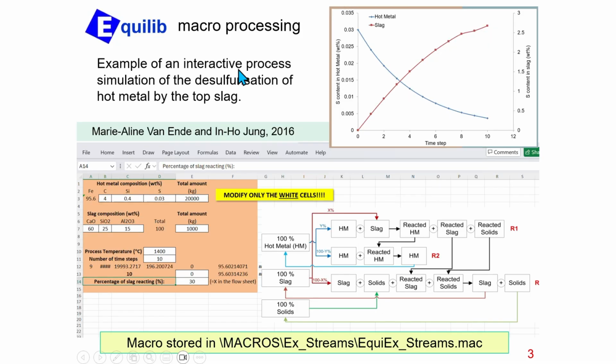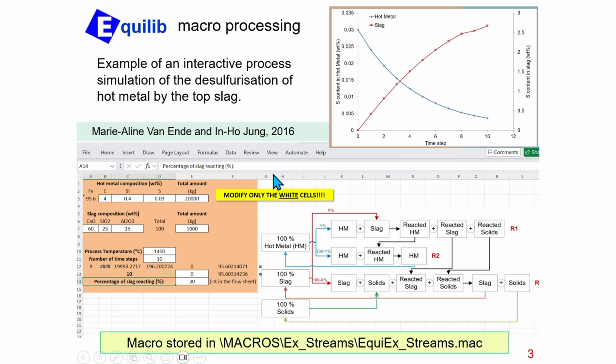About 10 years ago, macro processing presentations were developed. This is the process simulation of the desulfurization of a hot metal by top slag, and it's written in macro processing. It was developed by Maria-Lynn and In-Ho when they were working at McGill University. And they developed this interface.